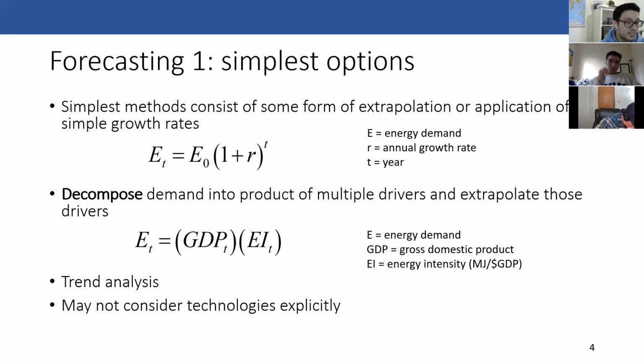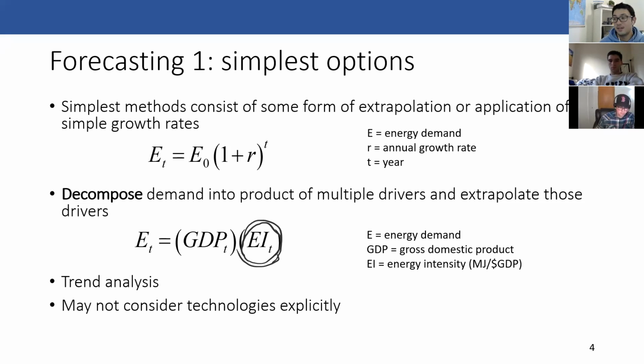In this case, again, it's just an analysis of trends in GDP and in energy intensity. Generally, this type of equation does a pretty good job. It doesn't consider technologies explicitly, right? And so you could figure out that technologies in general are getting more energy efficient, and that would in turn influence your second term here, your energy intensity.